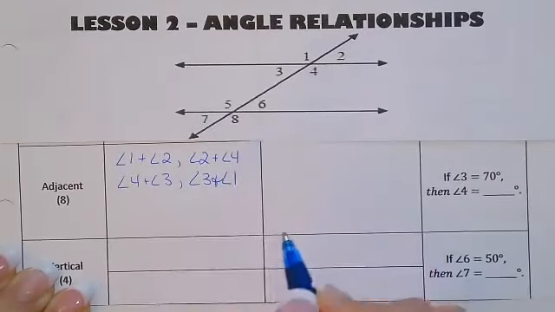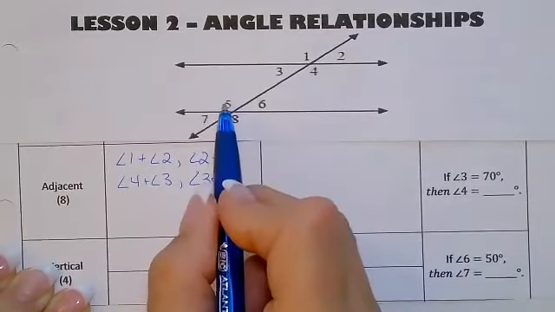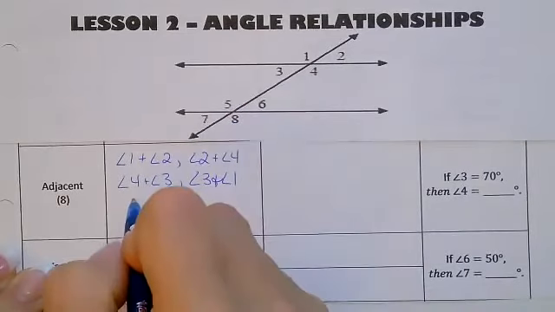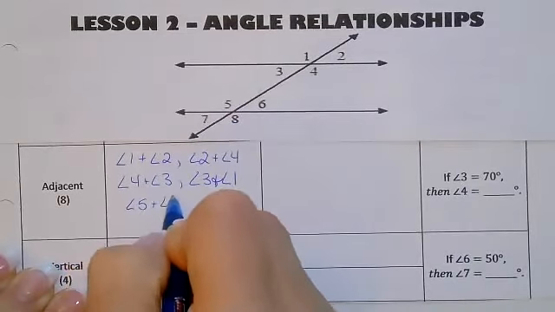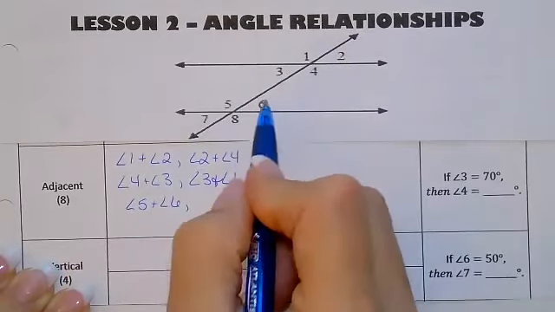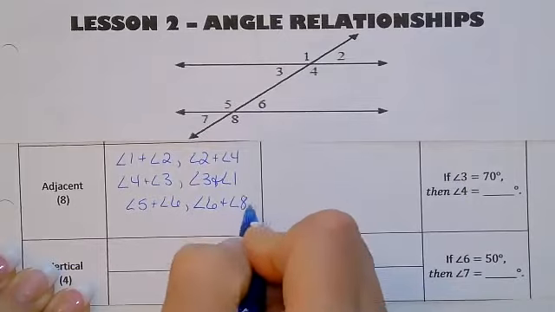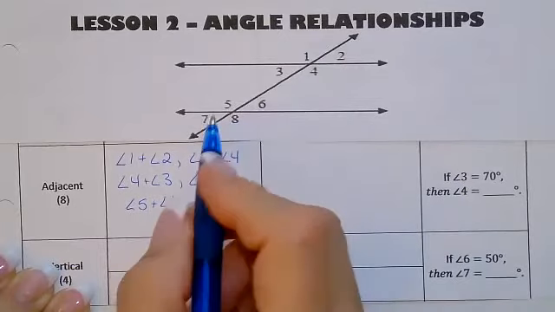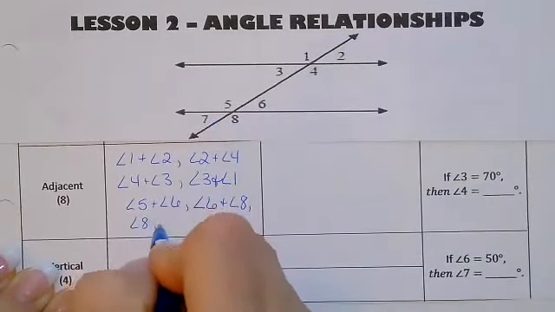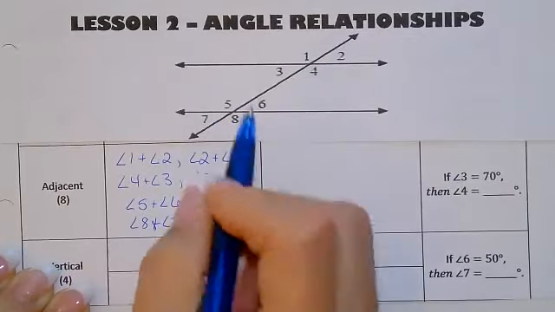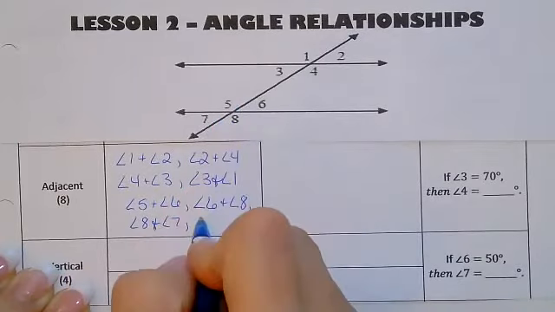Okay, we'll put that in. Okay, now we're going to do the bottom ones. 5 and 6. 6 and 8. 8 and 7. 7 and 5.